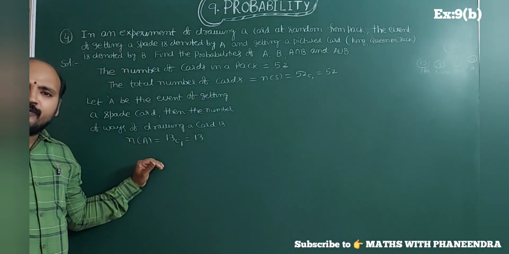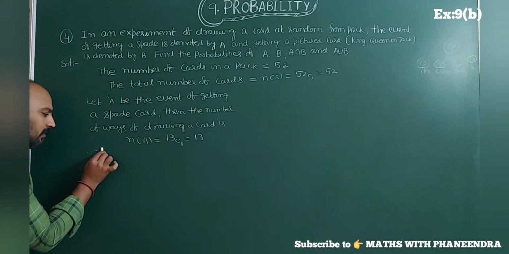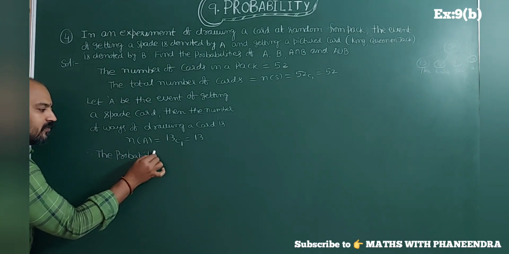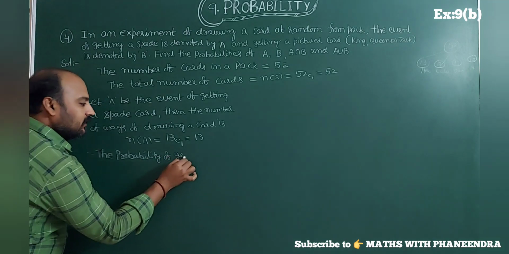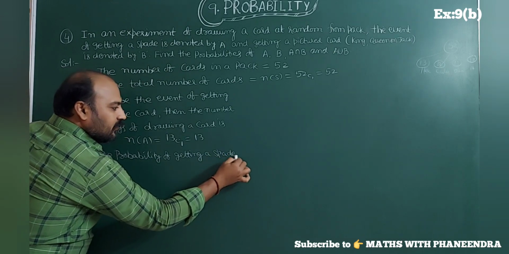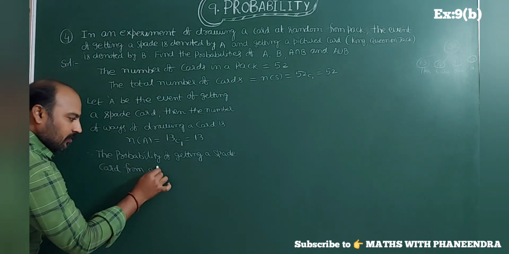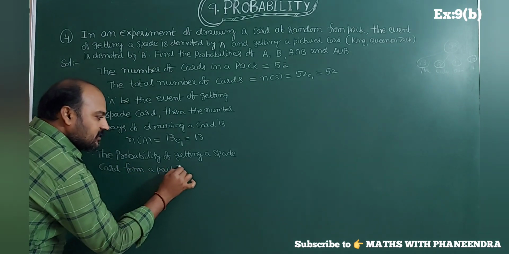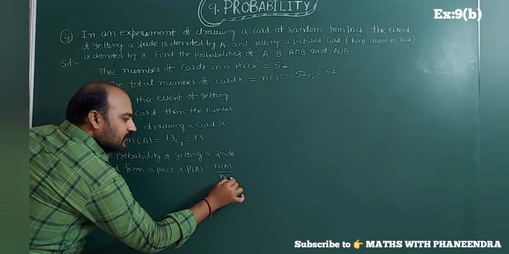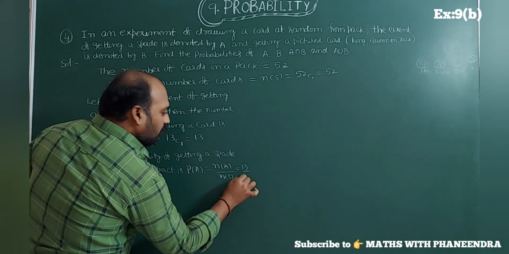After completing n of A, immediately you can get the probability also. Therefore, the probability of getting a spade card from a pack is P of A is equal to n of A by n of S. So n of A 13 by n of S 52.